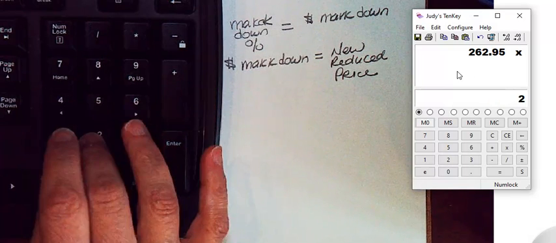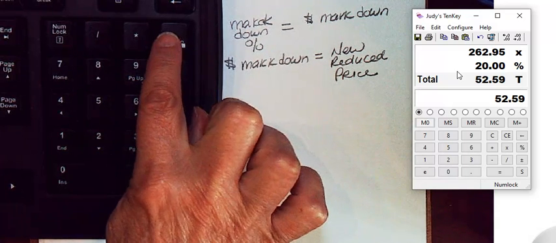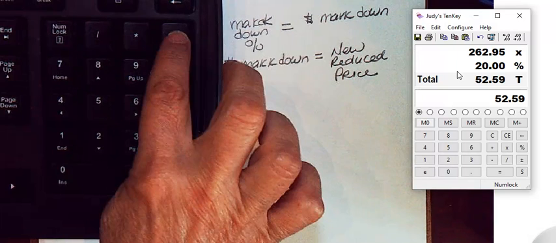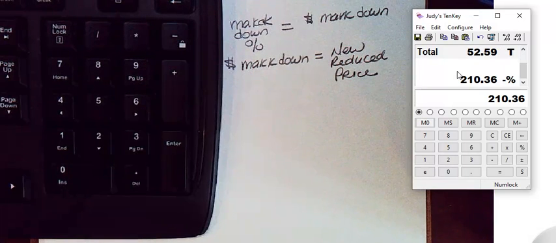I'm going to use 20%, so the markdown is 52.59. That's a negative number on your answer strip because you're subtracting that. So when I hit minus, just like we did in the last chapter, it will subtract from the 262.95. So my price is $210.36. I'm taking a reduction of $52.59 and selling it for $210.36.